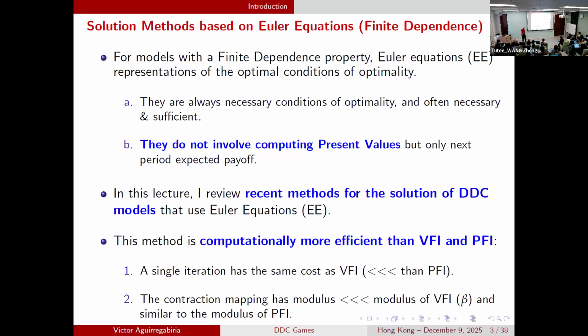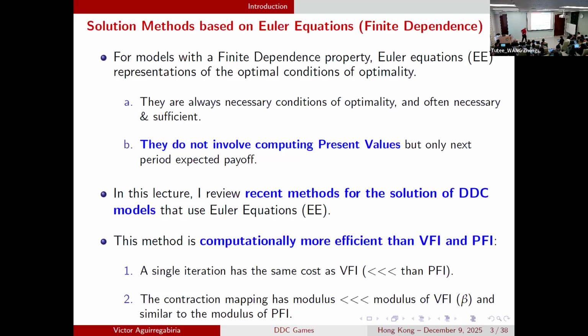And then based on this operator, I'm going to define an algorithm that is basically fixed point iteration in this Euler equation iterator. And I will show that this implies computational gains compared to value function iteration and policy function iteration.